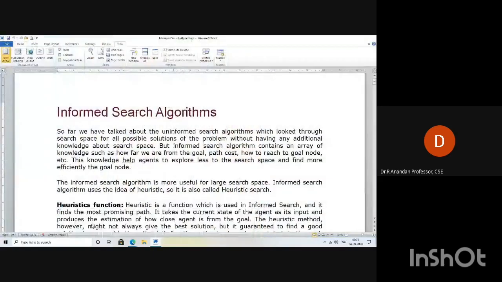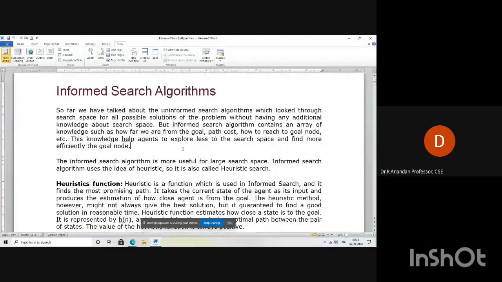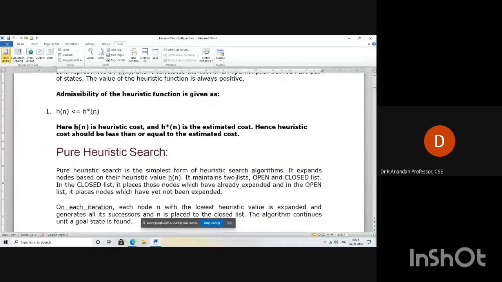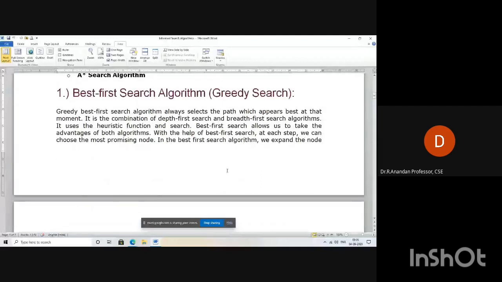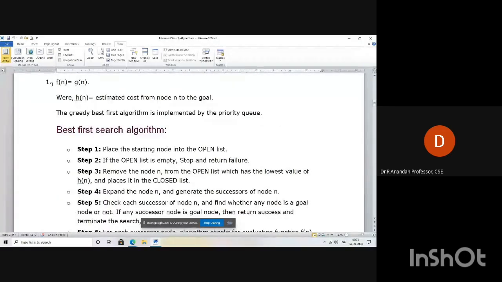Then I'll explain in detail about greedy best first search and A star search. For the informed search algorithm, first you have to write what is informed search and what is the heuristic function involved in it. Then you have to write greedy best first search: what is greedy best first search and what is the heuristic function involved in this one.